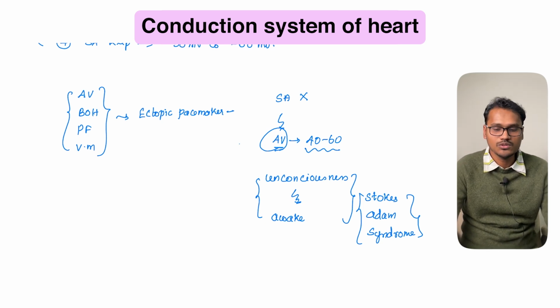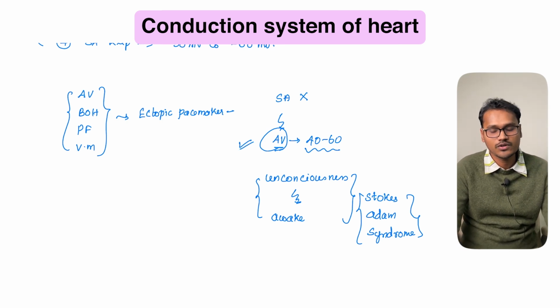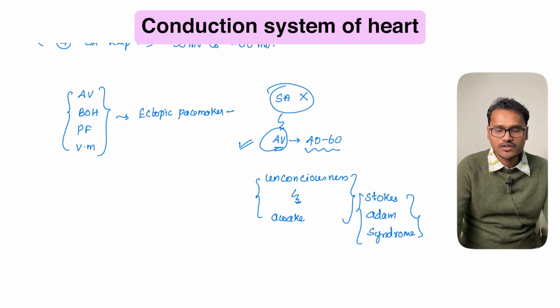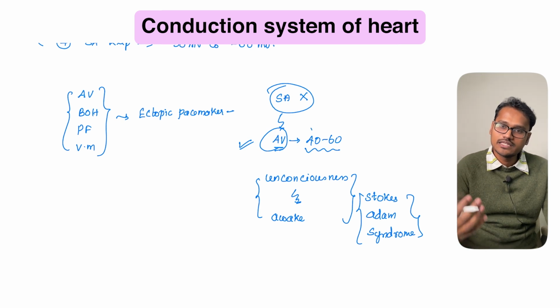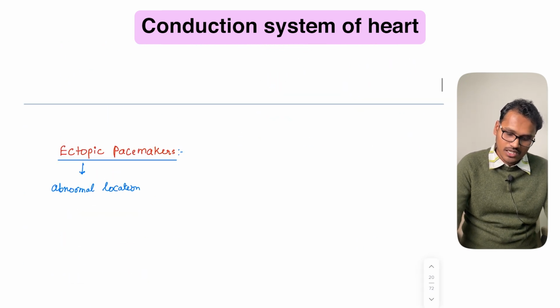The person is going to lose his life because the blood supply to the brain is going to be compromised. But still the AV node can take over the function for quite a good amount of time. Many times, that is why even if the SA node stops for a very little period of time, the AV node tries to save the person's life by producing its own impulse of 40 to 60 beats per minute. I hope it's clear.